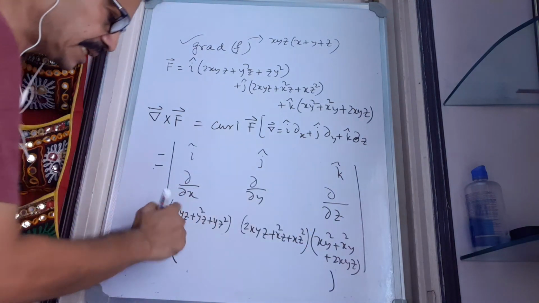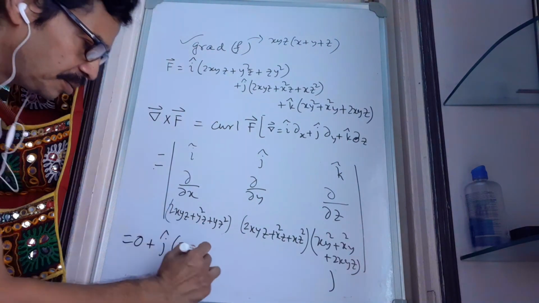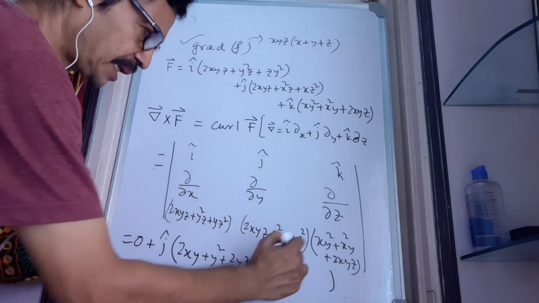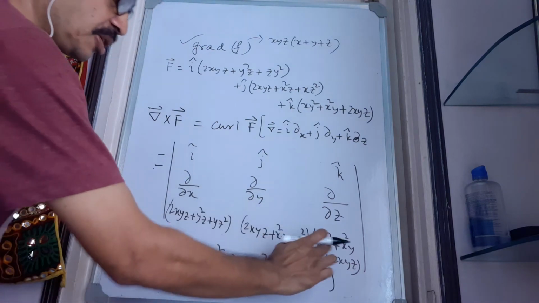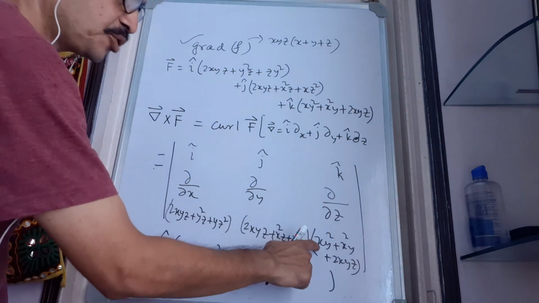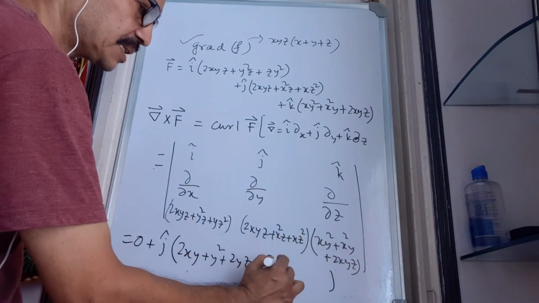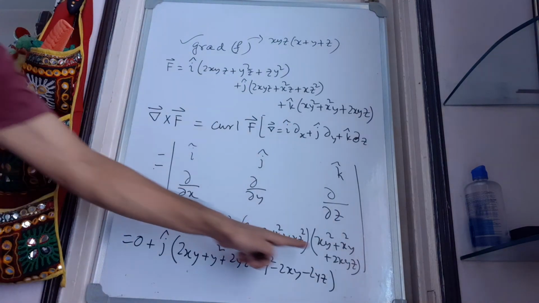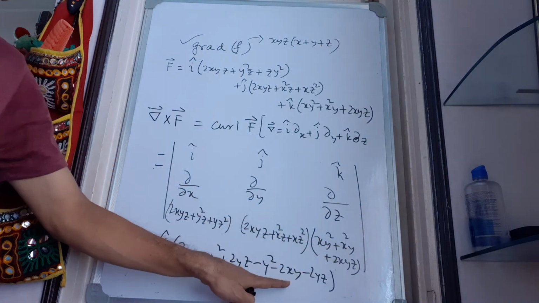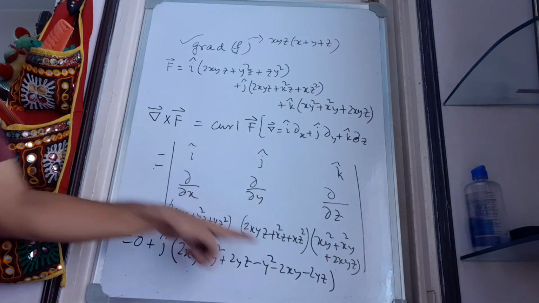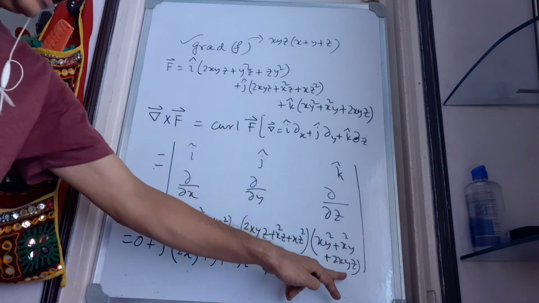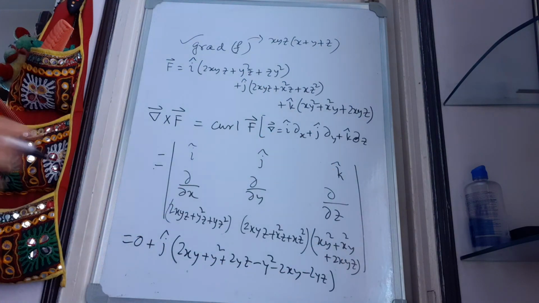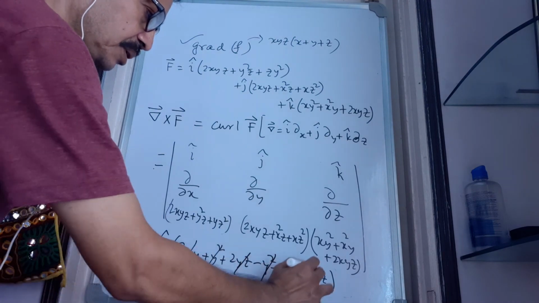So, del/del z of this gives us 2xy plus y square plus 2yz, while minus del/del x of this gives minus of y square plus 2xy plus 2yz. Just see, del/del x of xy square gives y square, x square y gives 2xy, because del/del x of x square is 2x and y is constant, and 2xyz, with yz constant, gives 2yz. Here also we have 0, because all the terms cancel out.